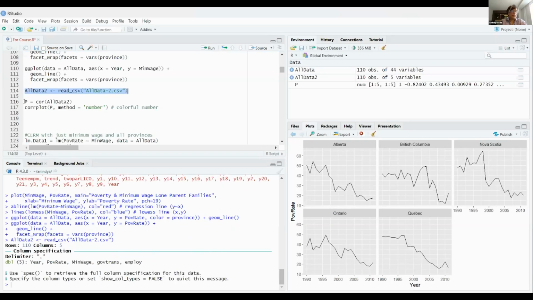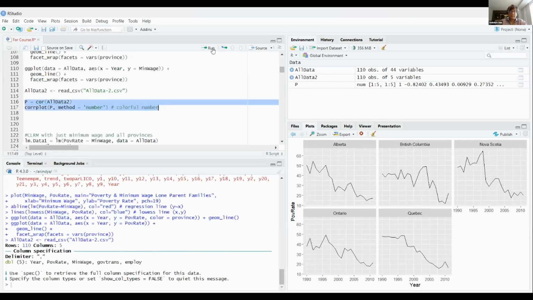So by telling R that, you know what, here's this matrix P, which consists of all these variables in this data set, I want the correlations. And guess what? I want you to give me the correlations in terms of a plot with numbers.